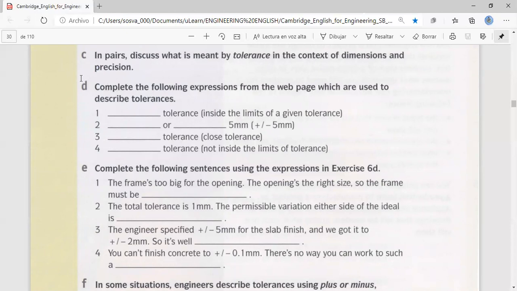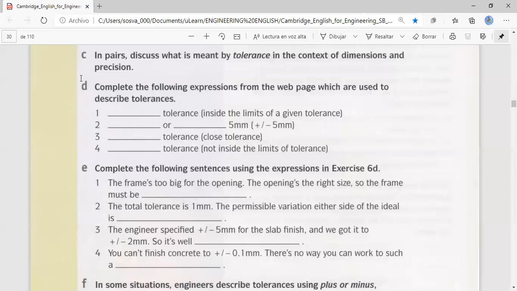Great. Now, look at letter C. It says discuss what is meant by tolerance. Again, we're going to talk about tolerance, but now in the context of dimensions and precision.